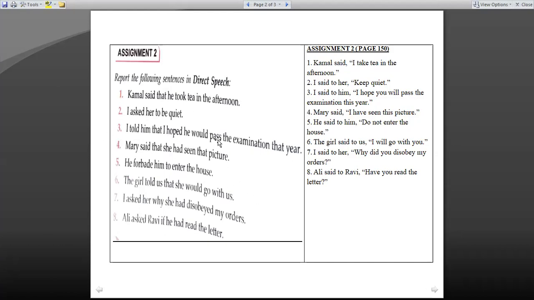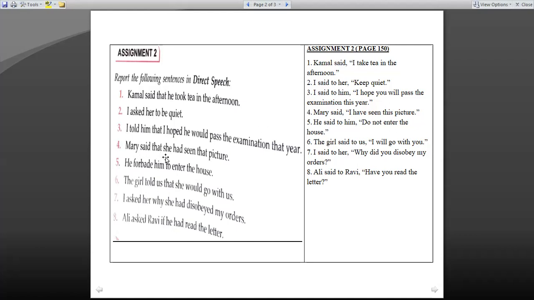I told him that I hoped he would pass the examination that year. Answer is, I said to him, comma, inverted commas open, I hope you will pass the examination this year. Full stop and close the inverted commas.